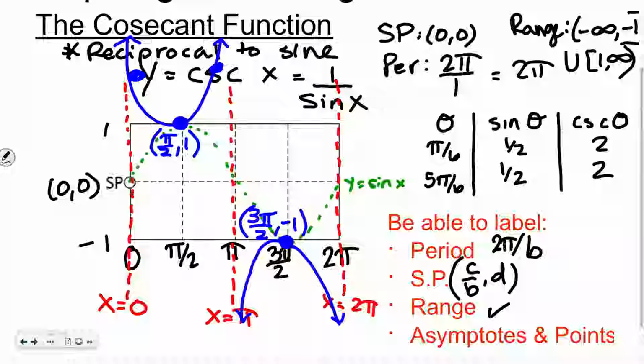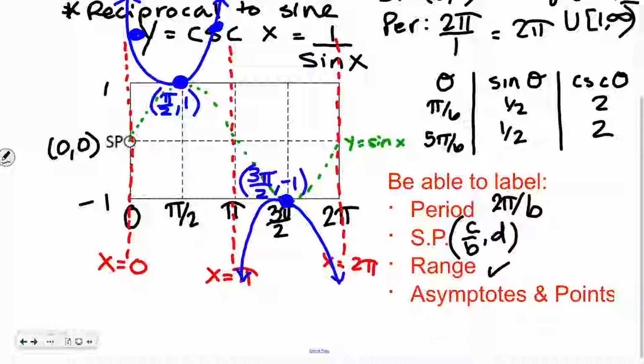You should be able to list asymptotes. I always list the asymptotes as I go. X equals 0, x equals pi, x equals 2 pi. Make sure that you have an x equals. Think back to rational functions in chapter 2, semester 1. Horizontal and vertical asymptotes need to be written as equations of lines.